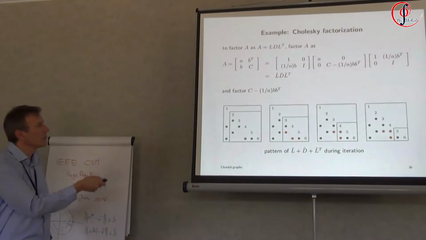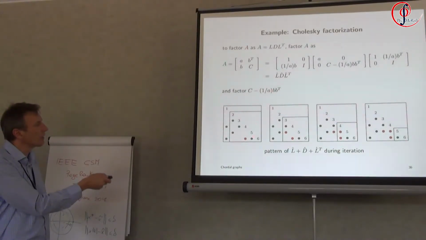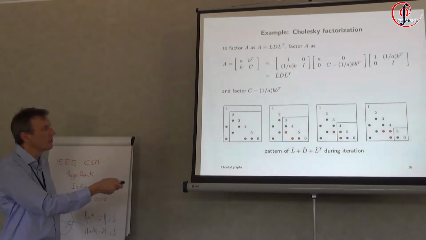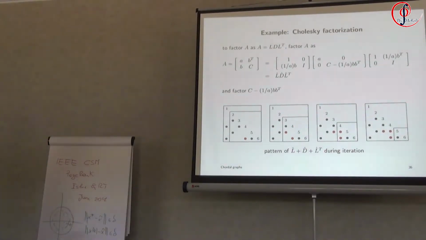So if B has non-zeros in positions 4 and 6, for example, then BB transpose will have a non-zero in position 4,6. So this describes the fill-in during the Cholesky factorization, and that's also why it's called a perfect elimination ordering.